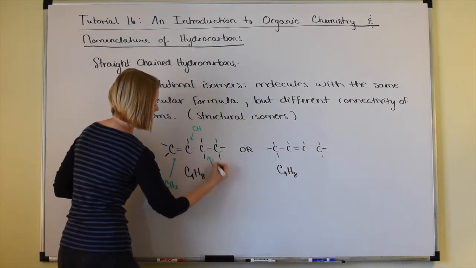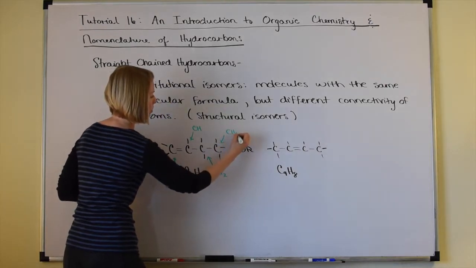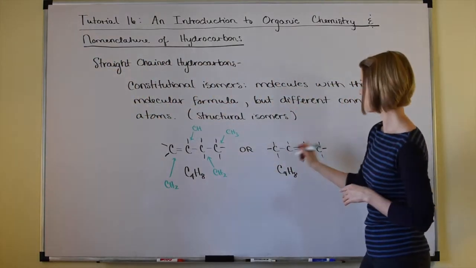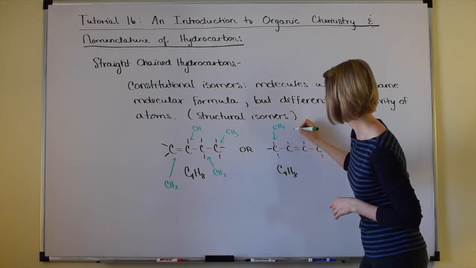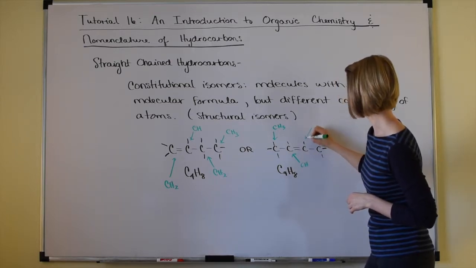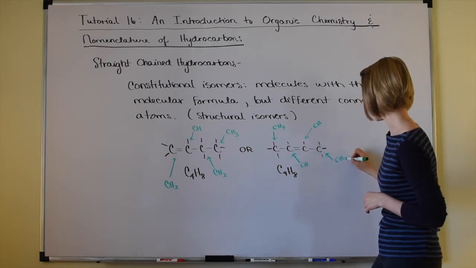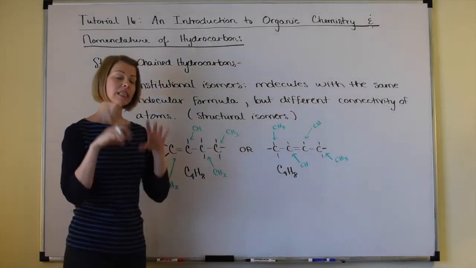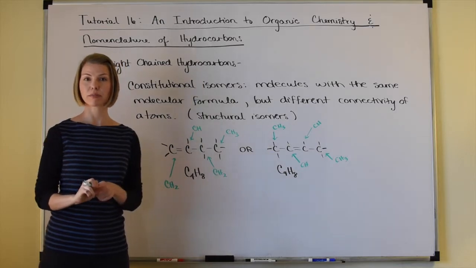Our next carbon is again a CH2, and our last one here is a CH3. Different than the way our carbons and hydrogens are arranged in this molecule, which starts out here with a CH3, followed by a CH, a carbon with just 1 hydrogen, followed by another CH, followed by another CH3. Okay, so the way that those carbons and hydrogens are connected is not the same. Same molecular formula, different connectivity of atoms, constitutional isomers.